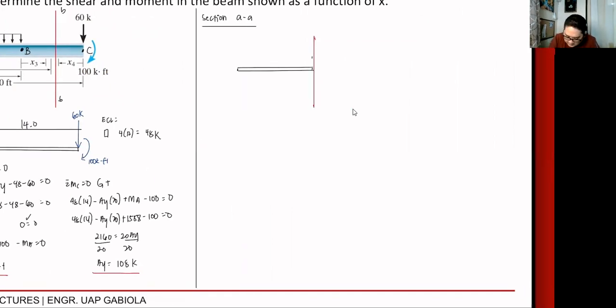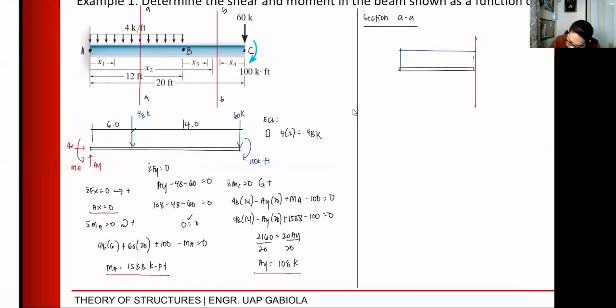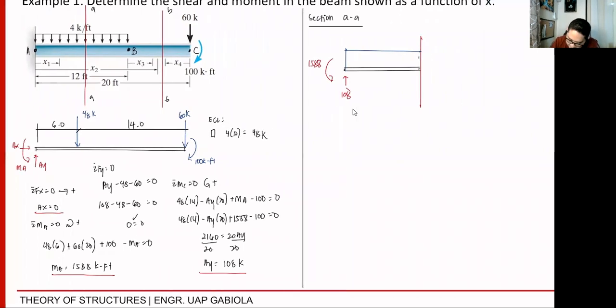Ito yung ating load. Okay, then copy natin yung mga applied. So, meron tayong AY na ang value is 108. Then, meron tayong moment na ang value is 1588. Okay? Again, yung gagawin natin, yung pinaka-end niya, consider natin to as X. Okay? Then dito, ibig sabihin ito na yung base nitong rectangular load natin.